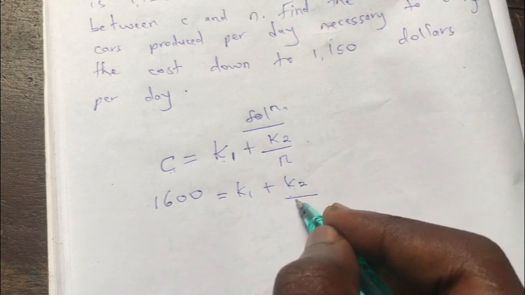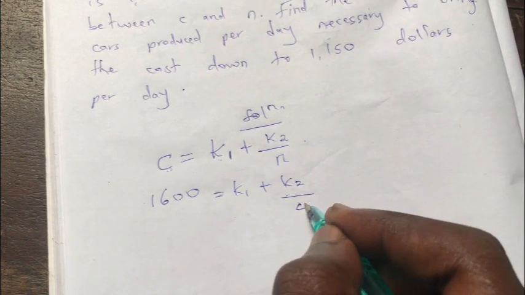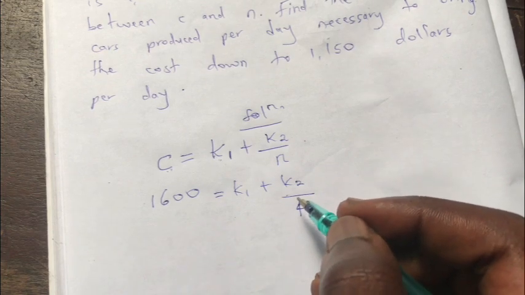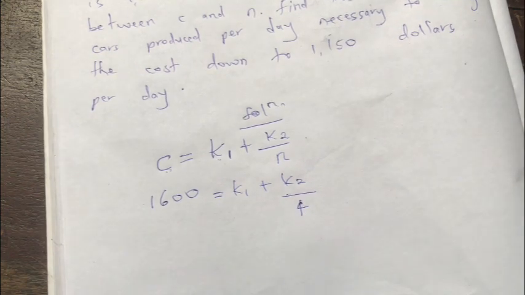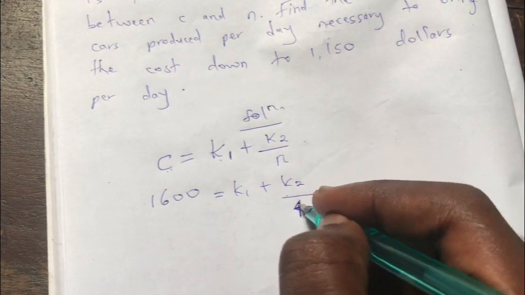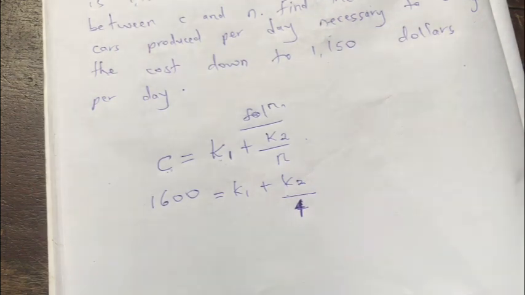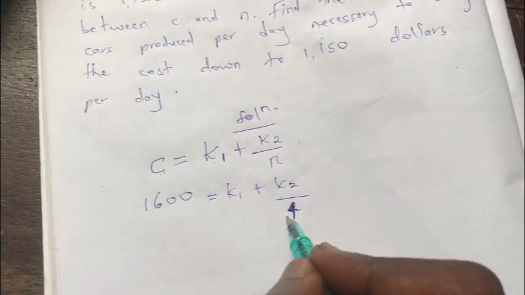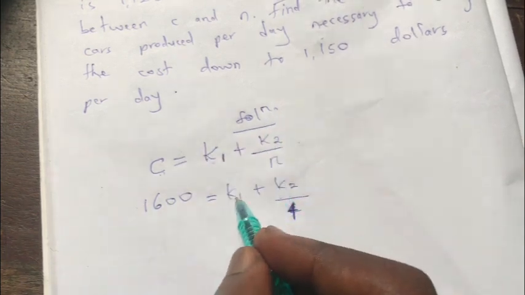But we know that the N is 4 cars in the first scenario. We are going to simplify this by multiplying all the terms by 4: term 1, term 2, and term 3.